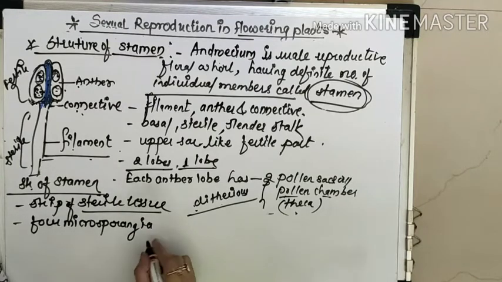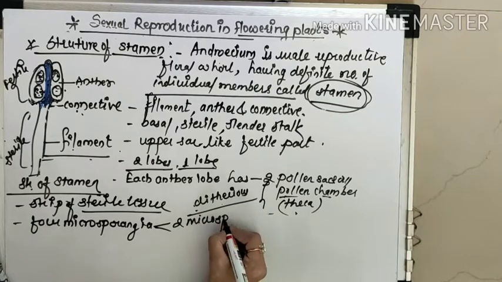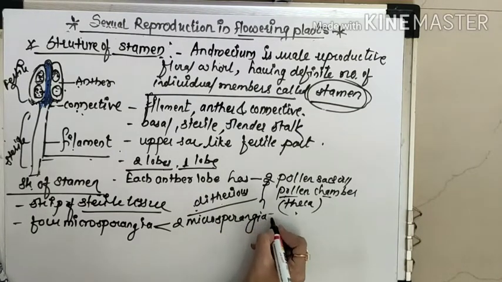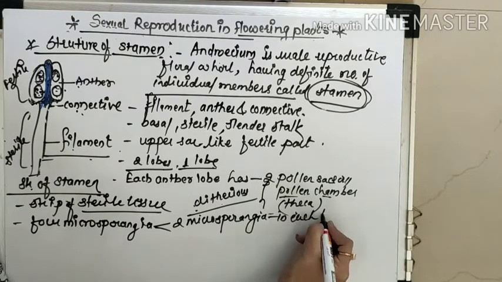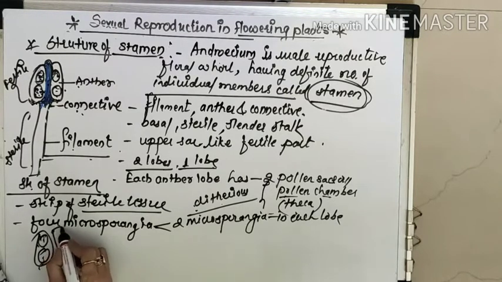Each lobe contains two microsporangia, so two lobes have four microsporangia, and inside these microsporangia a large number of pollen grains are produced inside the anther lobe.